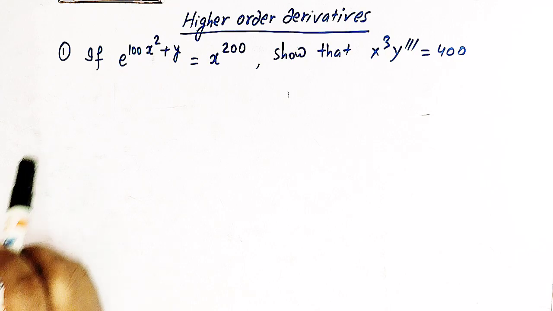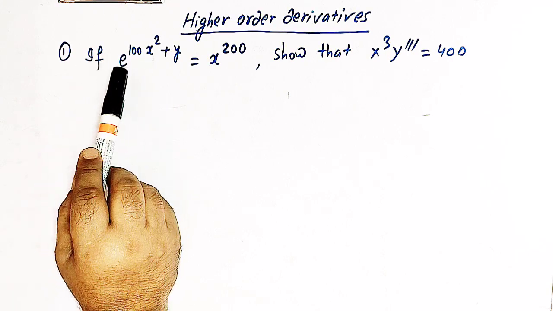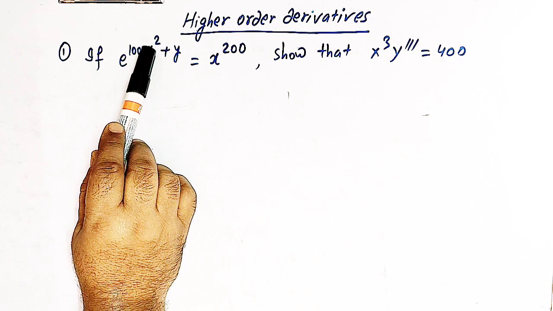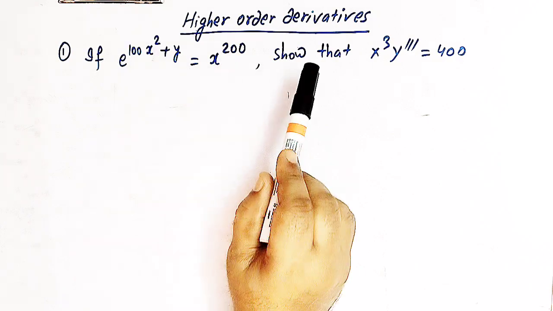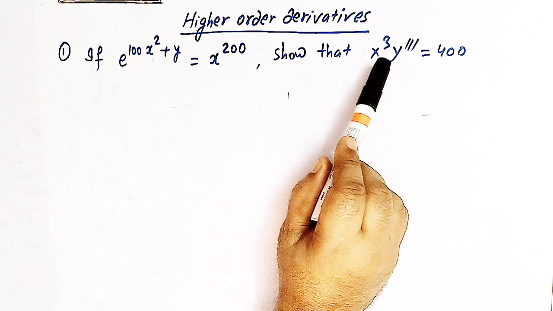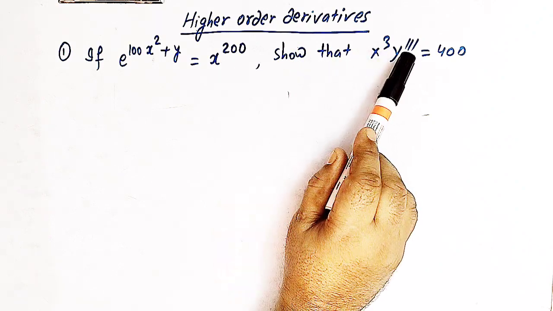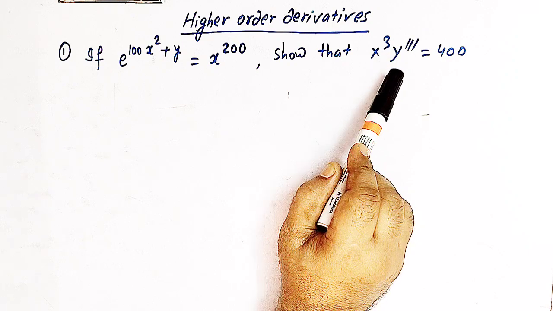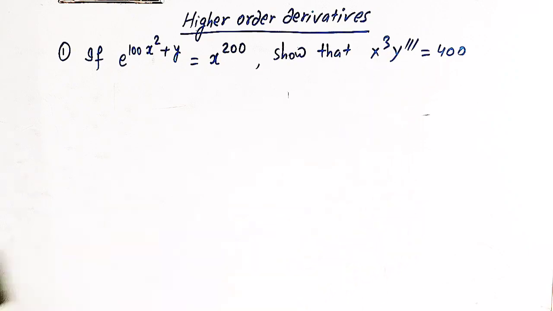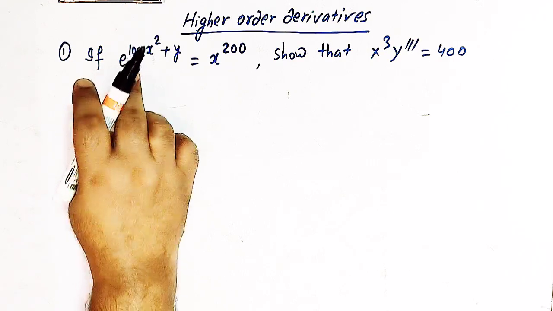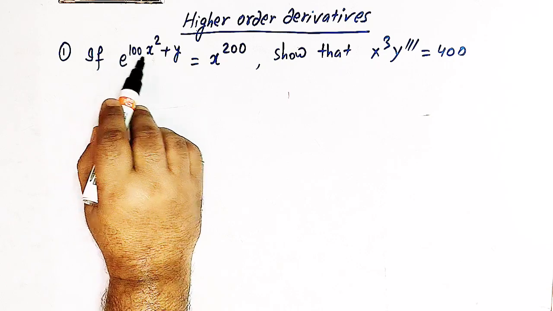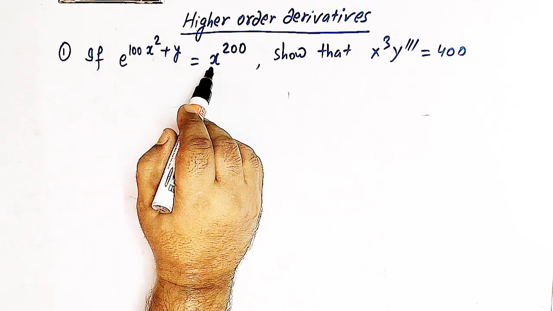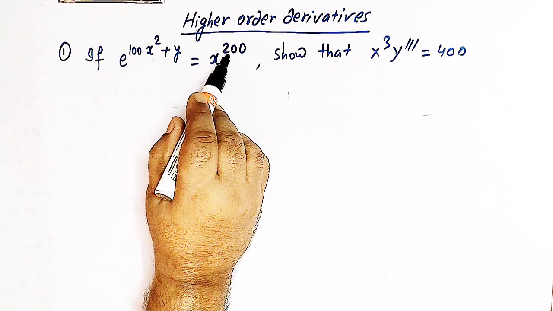So let us first take this problem in which we are given e raised to 100x square plus y is equal to x raised to 200. Then we have to show that x cube times the third derivative of y with respect to x is equal to 400. Here the power of e is 100x square plus y, and the right hand side is x raised to 200.